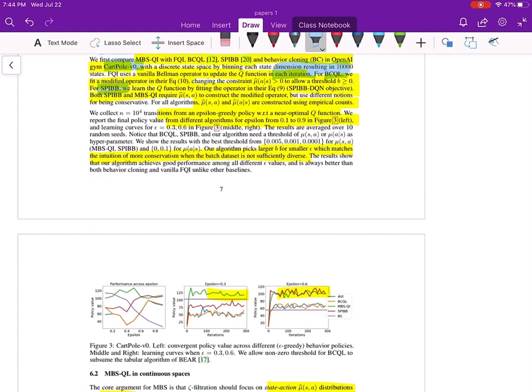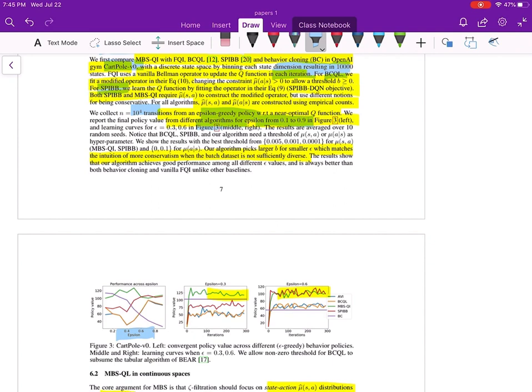So they collect 10 to the power 4 transitions from epsilon-greedy policies as the dataset policy, and then they also report the final policy value from different algorithms for epsilon 0.0 to 0.1, which is in this left figure here.